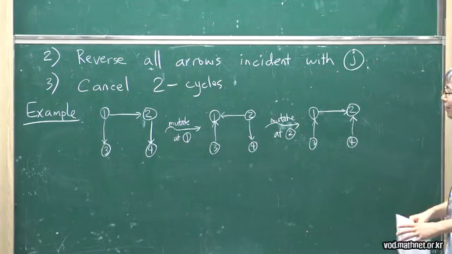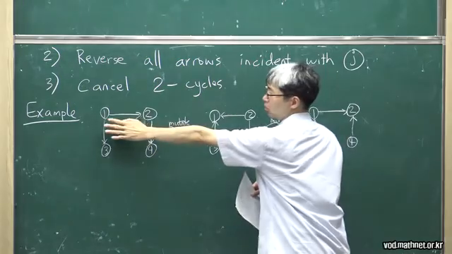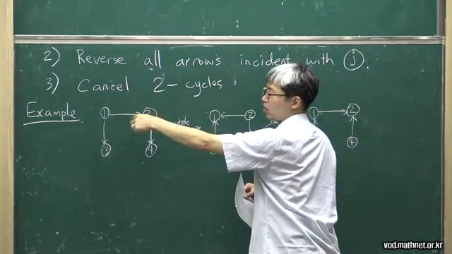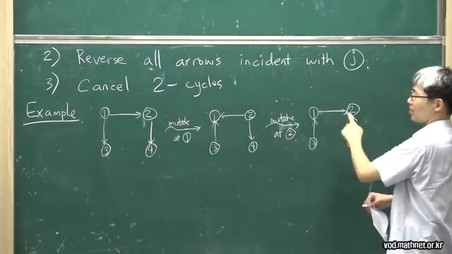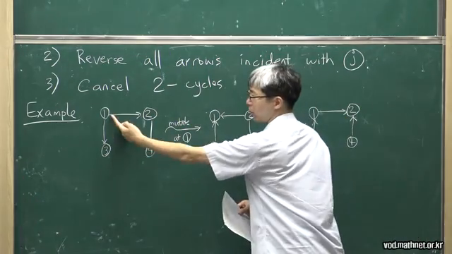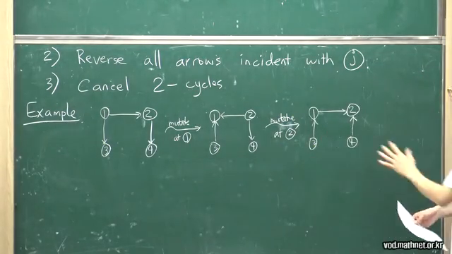But anyway, the result is, if I look at just this subquiver with vertices 1 and 2, then 1 and 2 become the same, but just these orientations from 3 to 1, 4 to 1, and 4 to 2 were reversed.